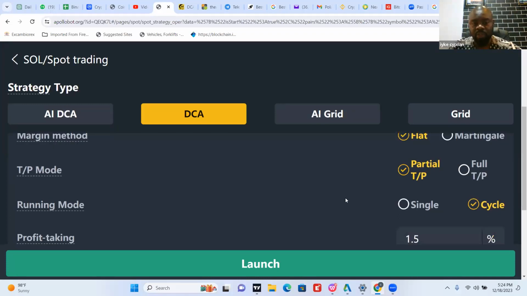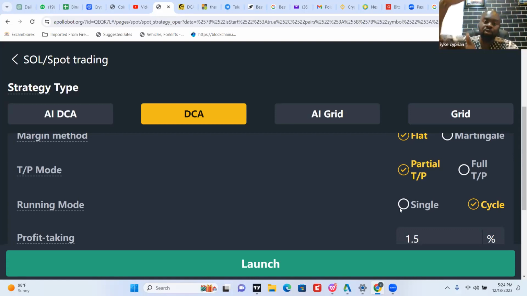Okay, so now the running mode, you have the cycle and the single. So it depends on you. You want to run BTC on a cycle, fine. It means the robot will keep buying, selling, selling. It will keep going this way. That trade will never close out until you are satisfied. So the cycle trade, like I said, is good for stable coins.